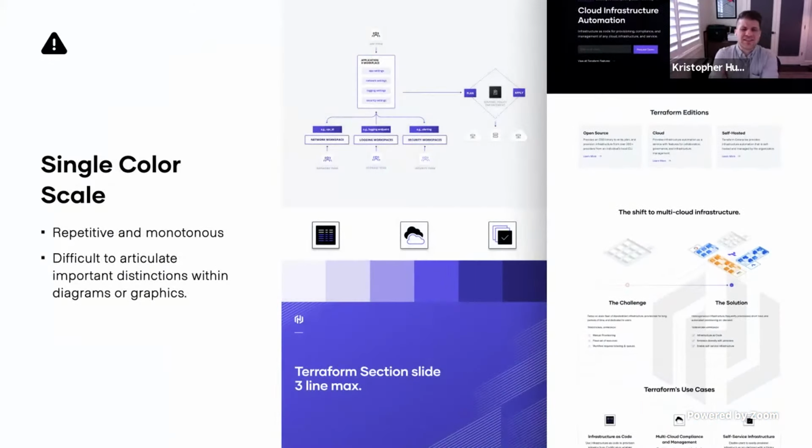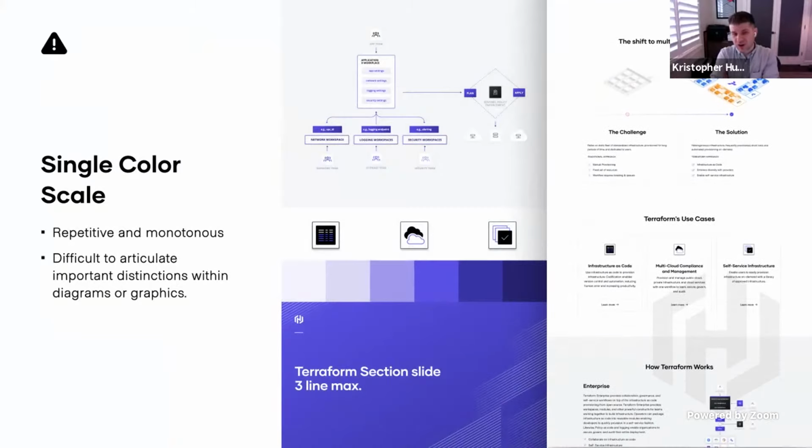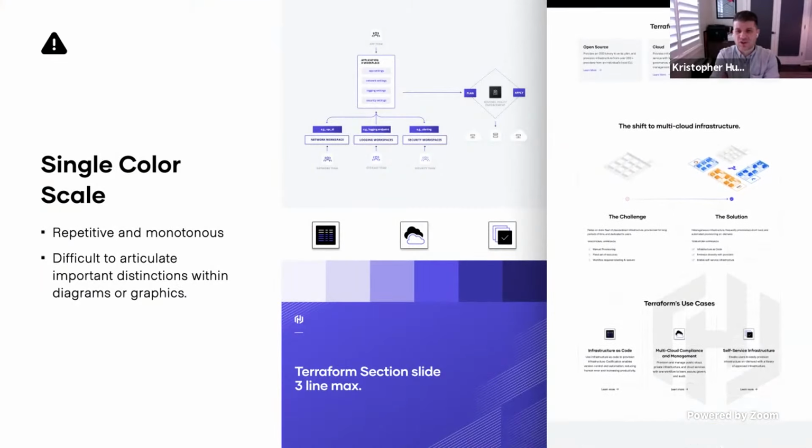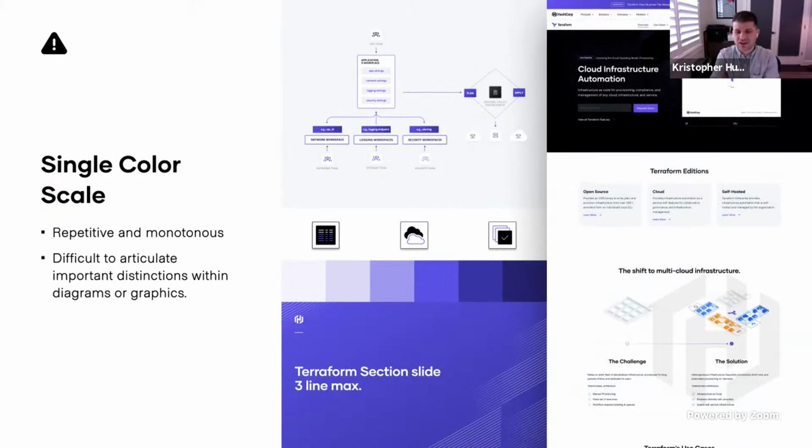There's also, we have one color per product. And so as you deploy this color on materials, whether it be product briefs or websites, whatever it may be, the overuse of these colors can certainly feel repetitive and monotonous.